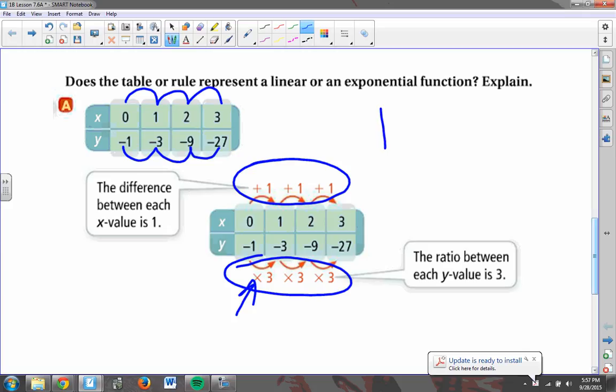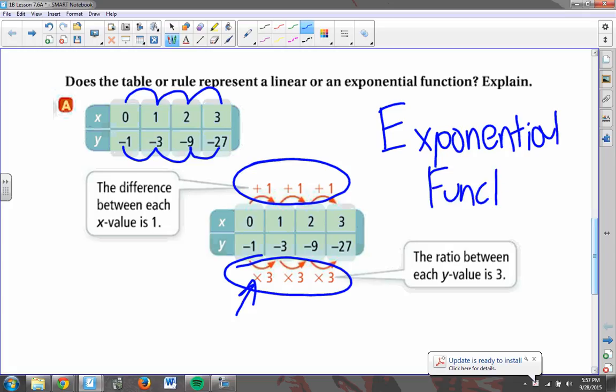So this table definitely does represent an exponential function. And again, it is because we see this multiplication pattern in our y values and not an addition pattern like we see in our x values, okay?